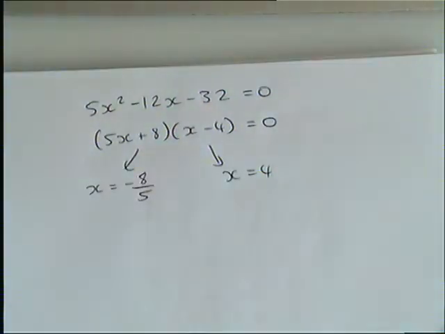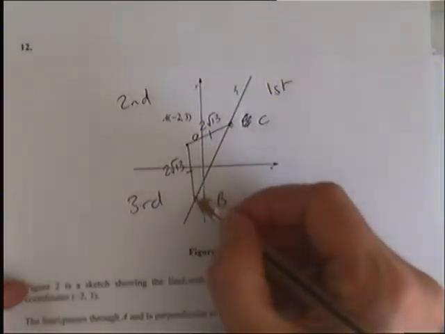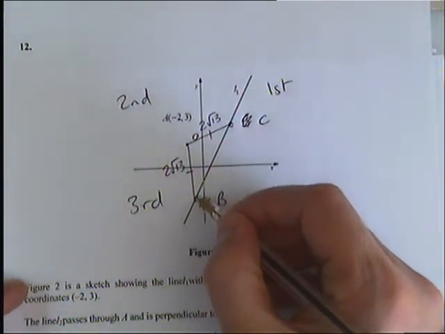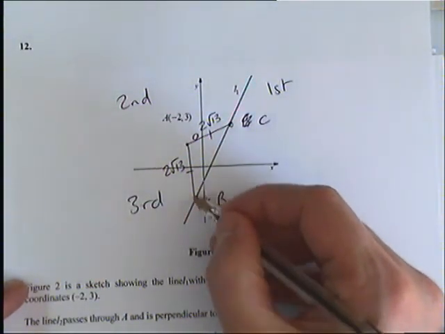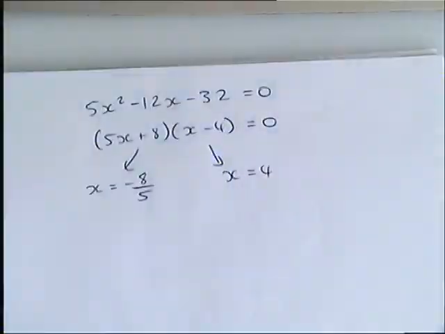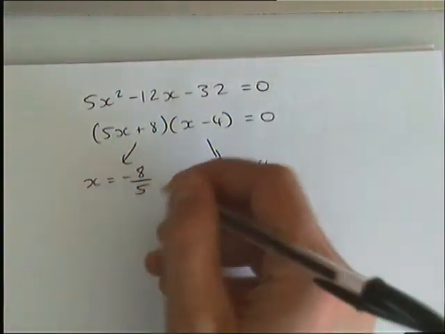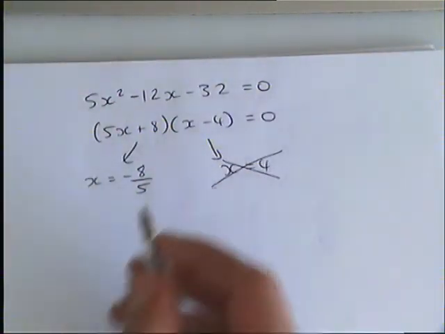Now, which one of these is it? If you go back to, where is that question book paper? Here it is. Go back to this one. It's clear, given that B is in the third quadrant, that the x coordinate must be the negative number. So this one is the one that we want. I'm going to cross out that one because I don't want that one.